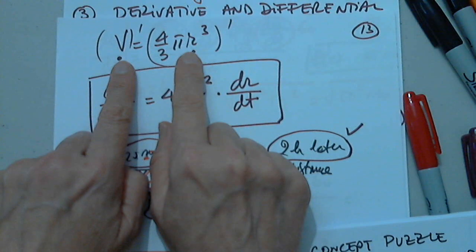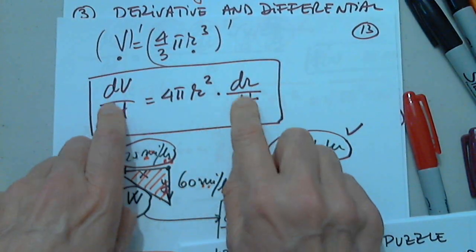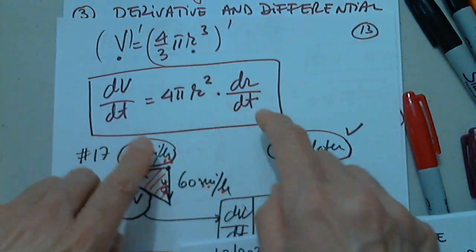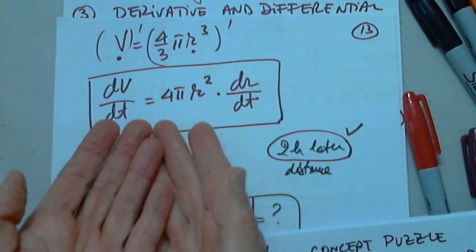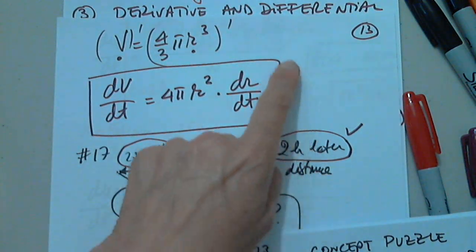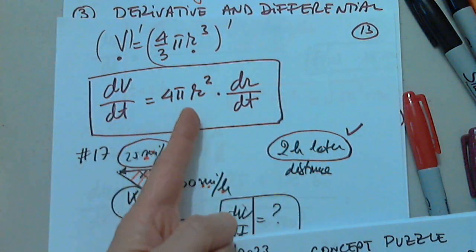So these are the two functions related here. These are the two derivatives, the derivative of this and the derivative of this, related by another what? What is this? It has a left-hand side, an equal symbol, and the right-hand side.